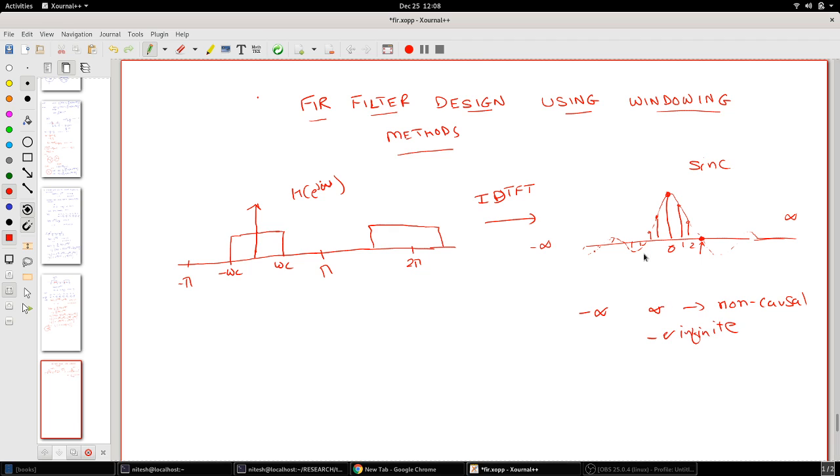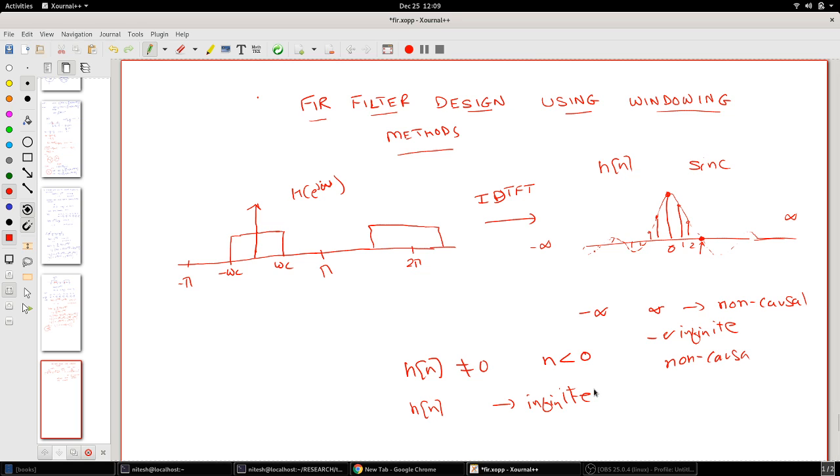So there are two things: non-causal because h of n has non-zero values for n less than 0, and second, h of n has an infinite length, so it is a filter in infinite impulse response form.